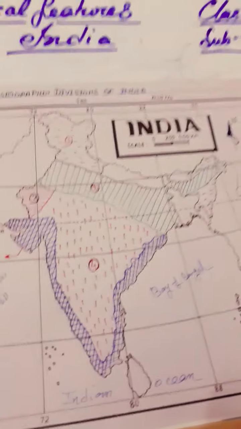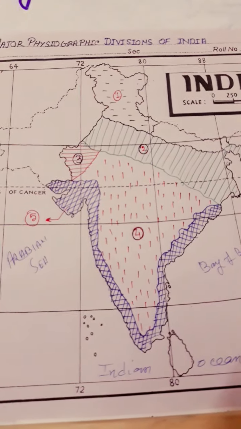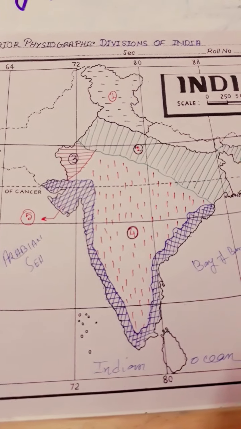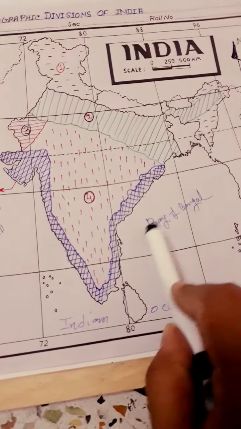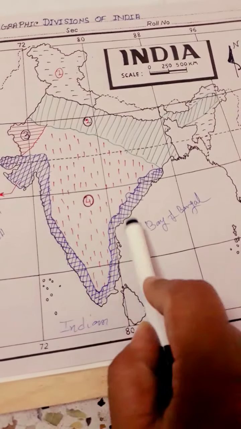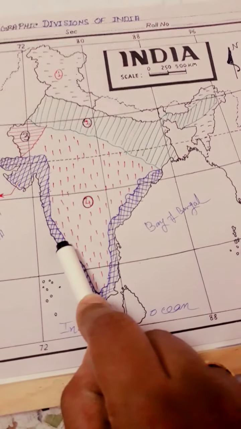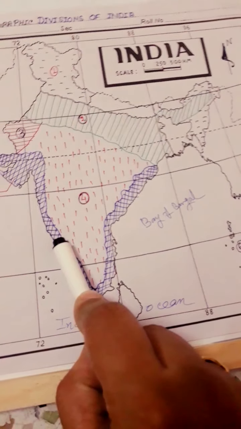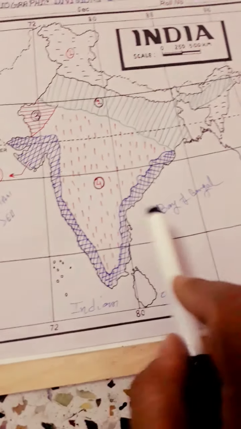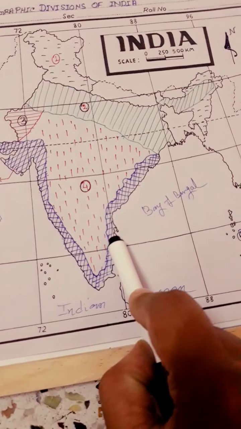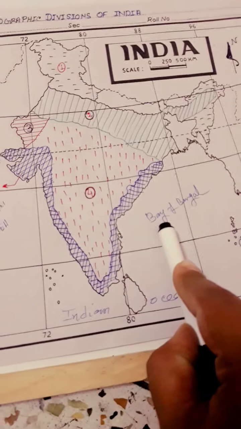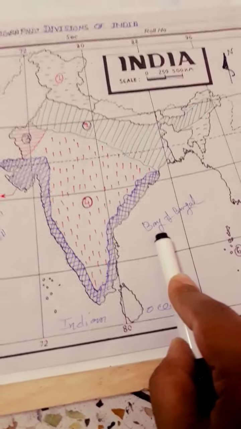The peninsular plateau is flanked by narrow coastal strips running along the Arabian Sea on the west and the Bay of Bengal in the east. So the western portion of the coastal plains is merged with the Arabian Sea and the eastern portion is merged with the Bay of Bengal, right?